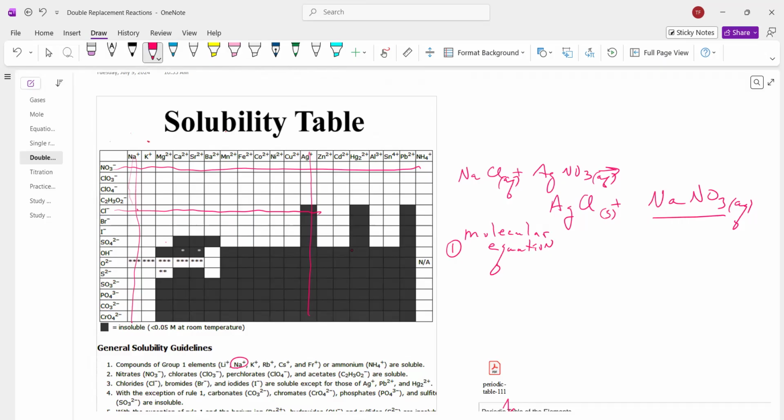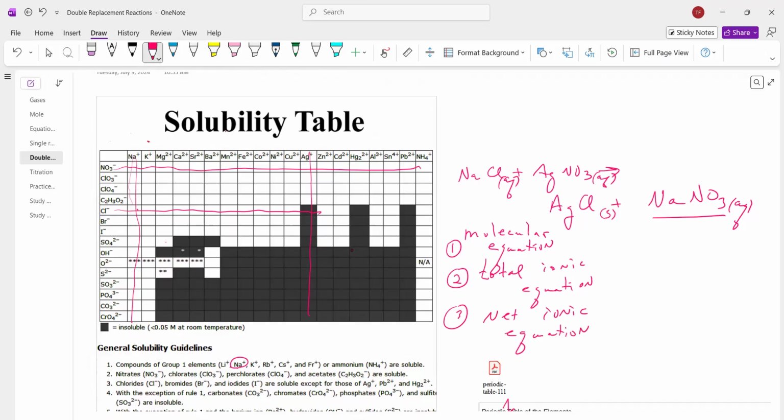Now, the second thing to do is we're going to split everything up. And that's called a total ionic equation. And then the third thing is a net ionic equation.